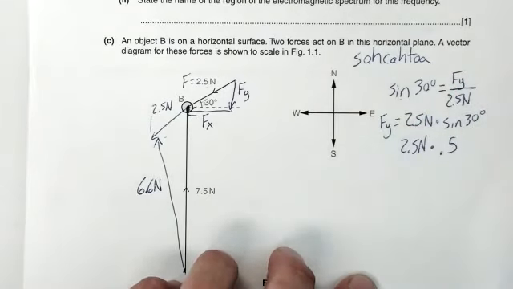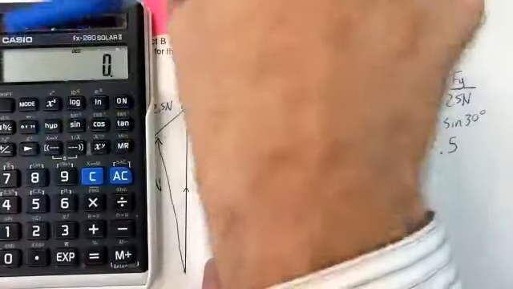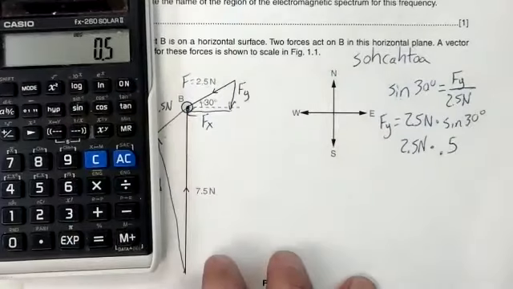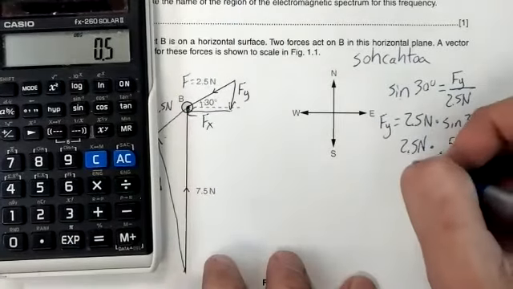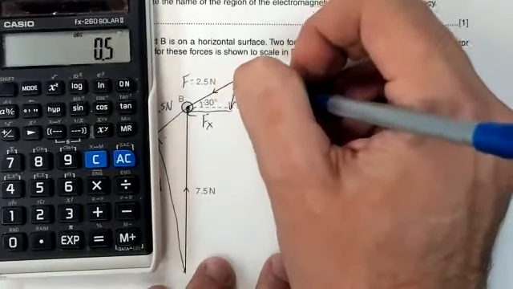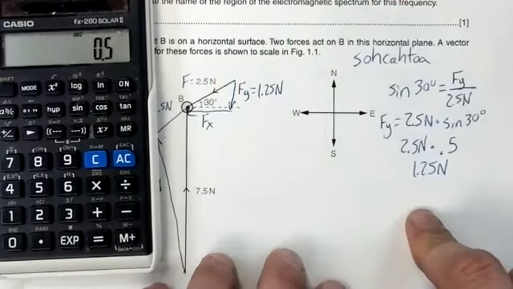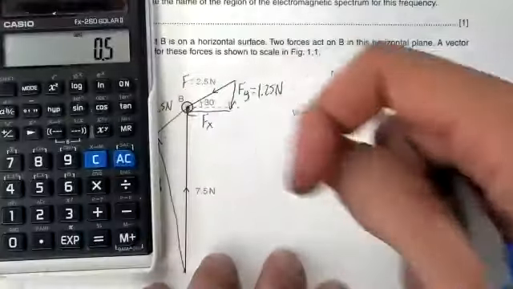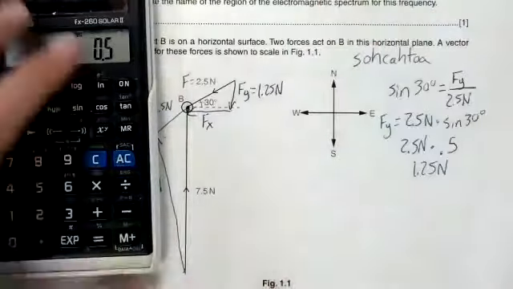You've got a calculator, right? Use it to your advantage. Sine 30 is 0.5. Half of 2.5 is 1.25 newtons. That's my component down for this vector. A vector that goes 2.5 newtons this way is 1.25 newtons down.